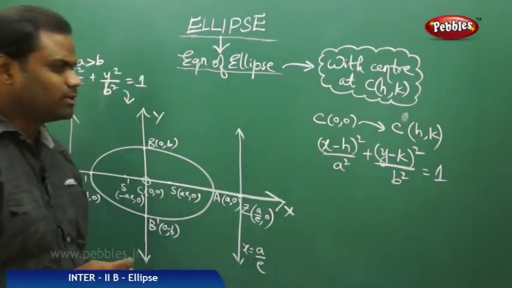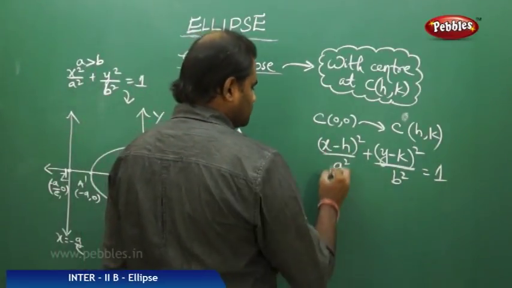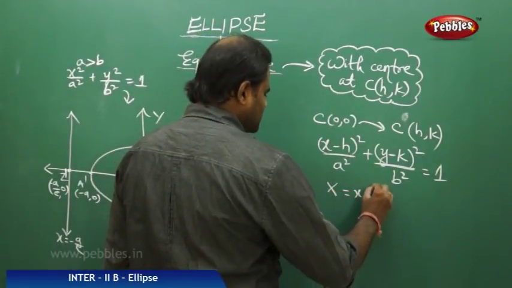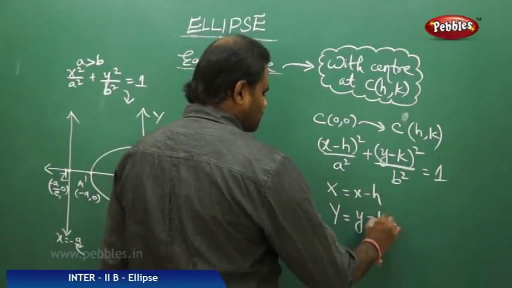So this is the equation of the transformed ellipse, where I have my capital X as x minus h and my capital Y as y minus k.